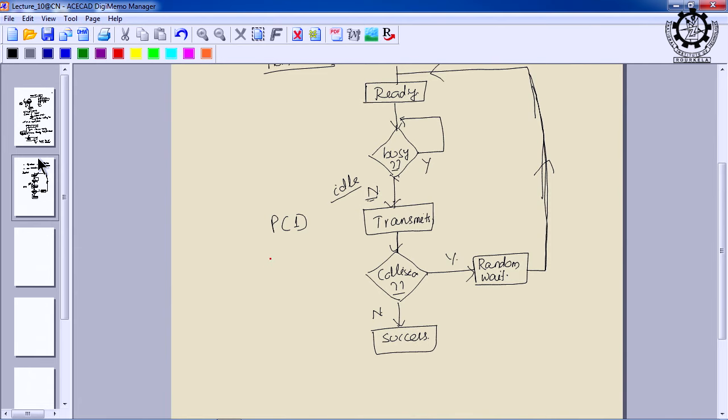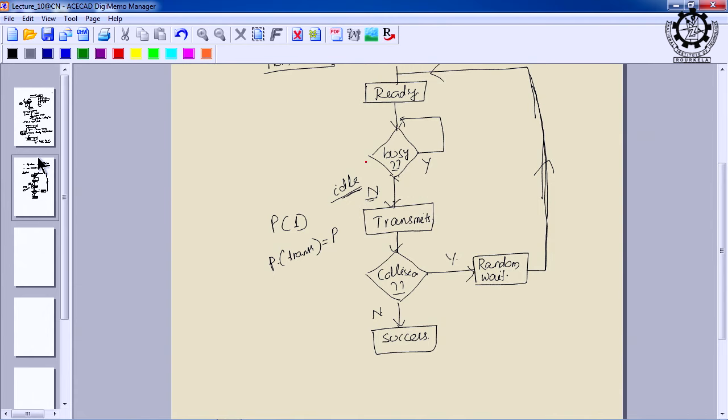So, as soon as it finds the channel to be idle, it transmits the data to the channel. That is 1-persistence, assured transmission of the data. But in the P-persistence case, the probability of transmission is P. It gets the idle channel, but still it does not want to transmit for a certain reason.